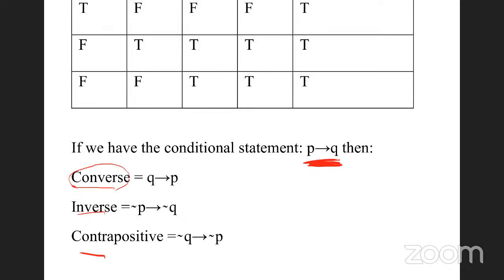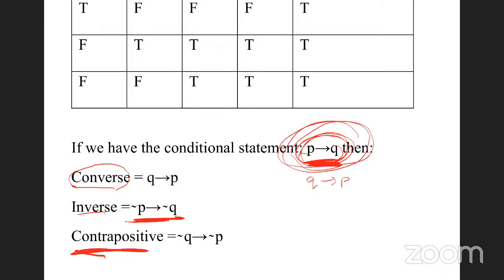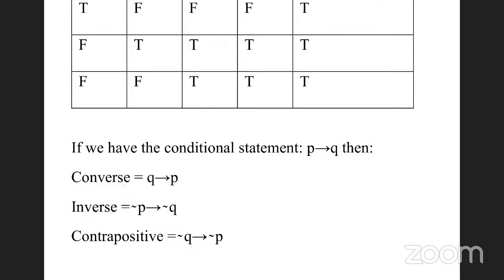So you flip around the Q and the P. If I ask you what's the inverse of this statement here, you just negate the P and Q. And if I say, what's the contrapositive of this statement here, you flip it around and negate them. Okay? You flip it around and negate them. Just copy that down quickly.